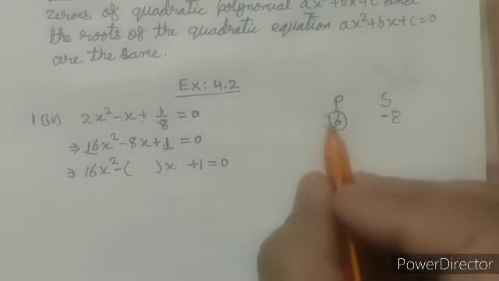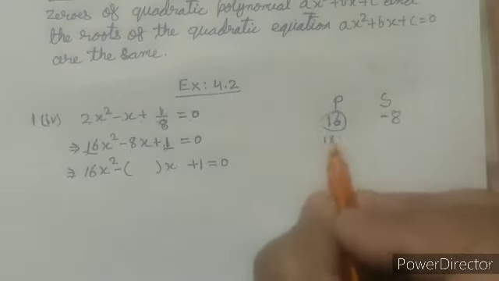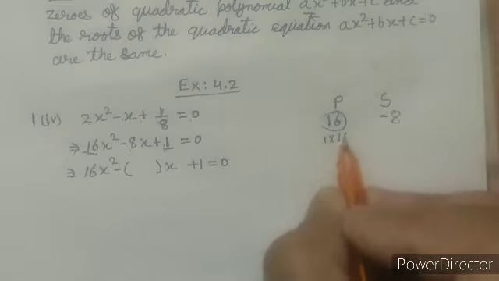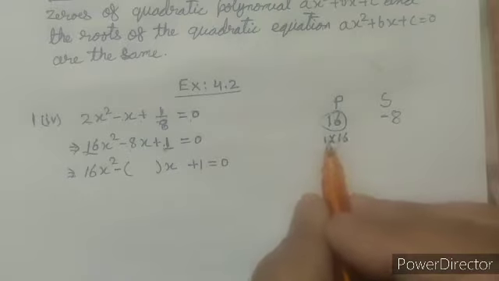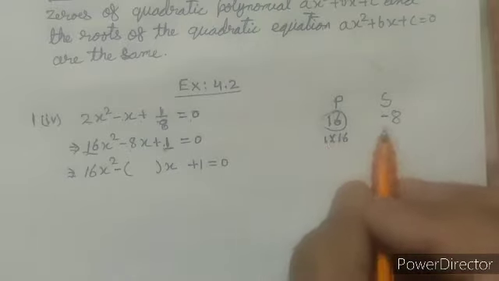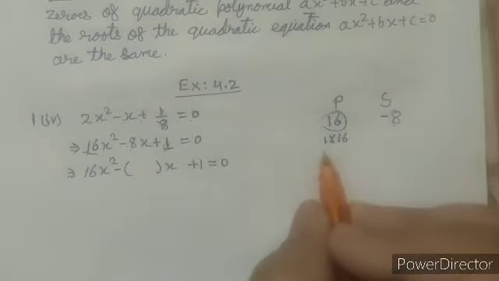Now we see that 16 is a multiple of 1 and 16. 1 into 16 is 16, but 16 plus 1 is 17 and 16 minus 1 is 15, which is not equal to 8. Now we can find the other multiples.